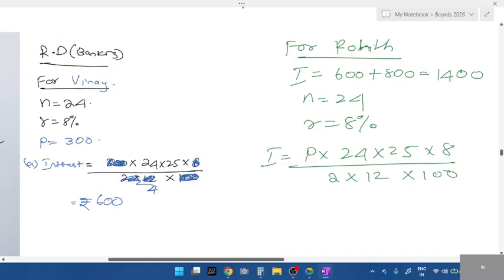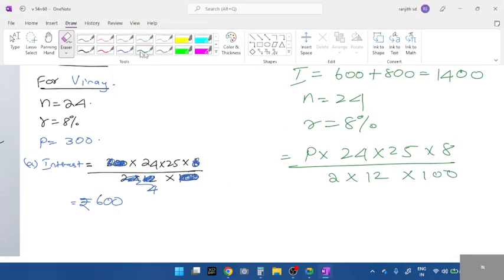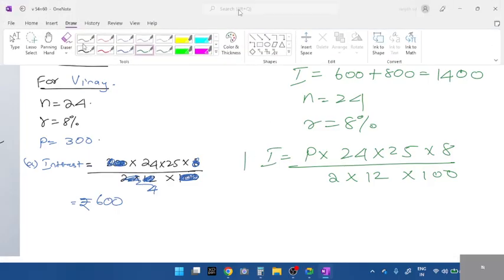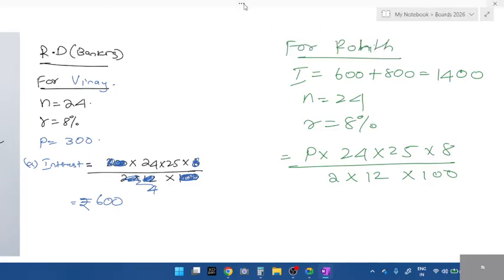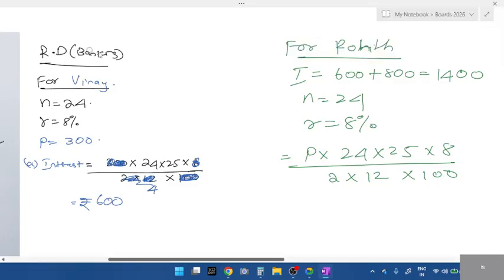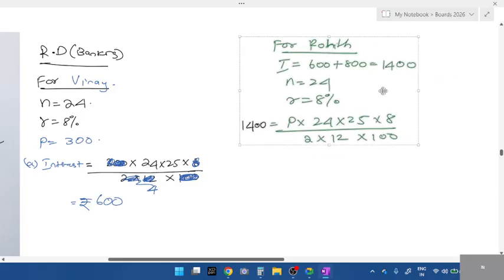Calculate the principal. All of you calculate Rohit's principal. Interest is 600. Sorry, interest is 1400. And once again, students, don't reduce anything. Don't reduce.